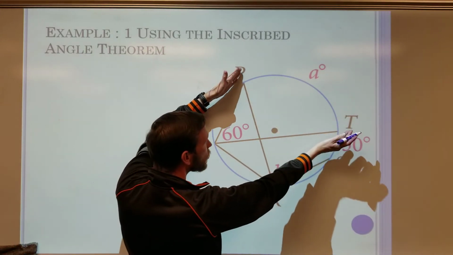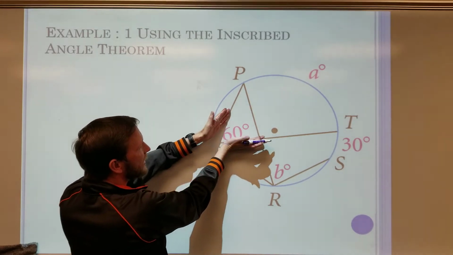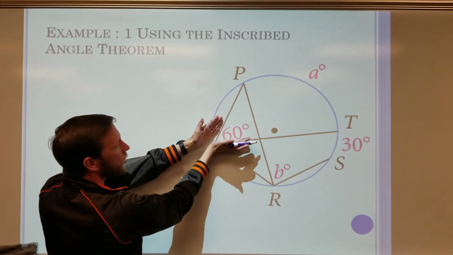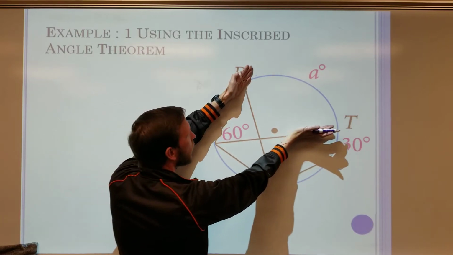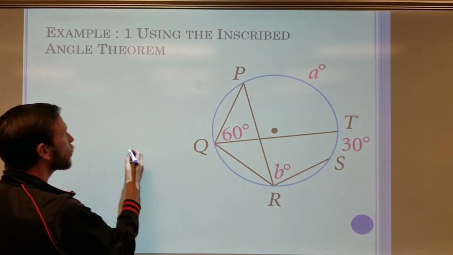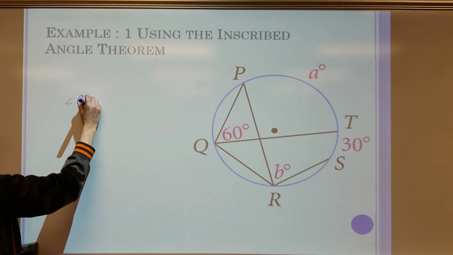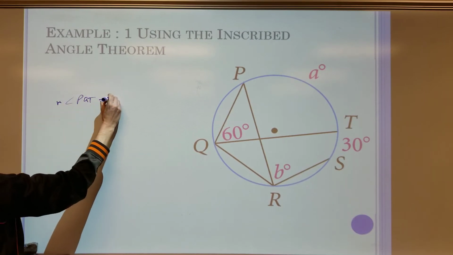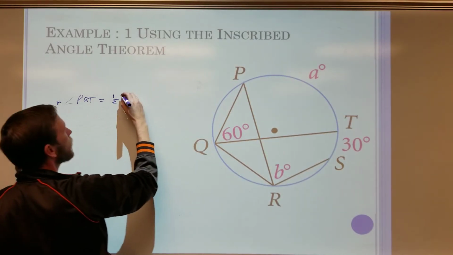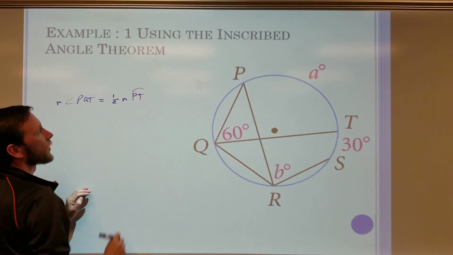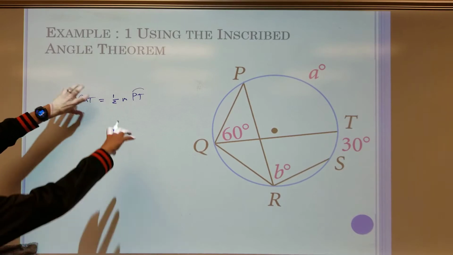All right, so here we have 60 degrees as the measure of this inscribed angle, angle PQT. Angle PQT's measure is half the measure of its intercepted arc, PT. I'm going to write that out using geometric notation.